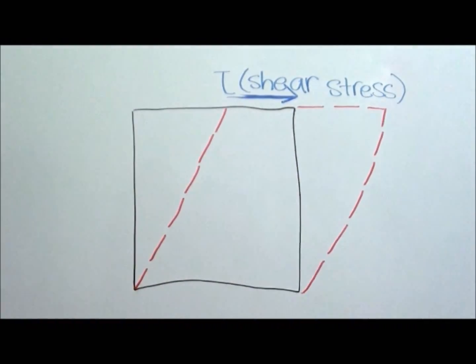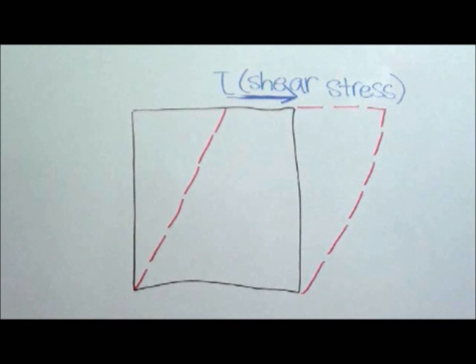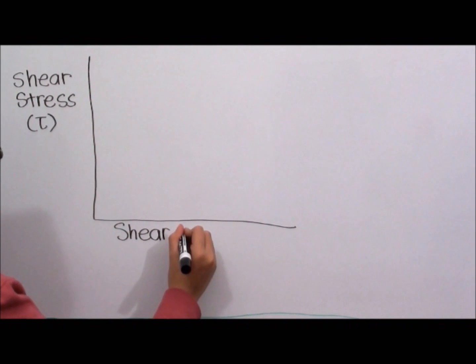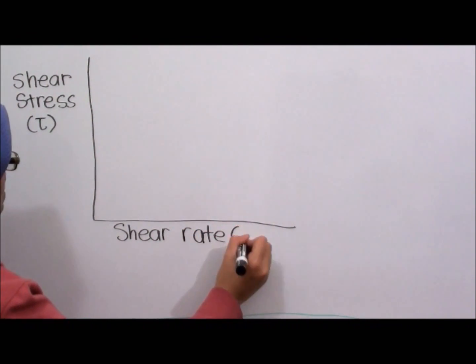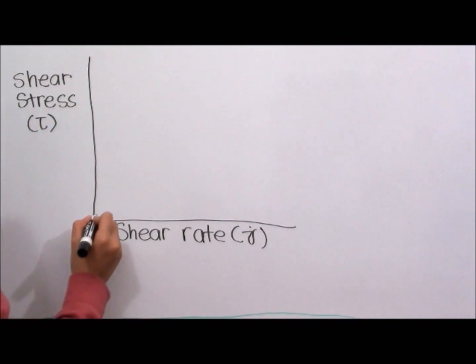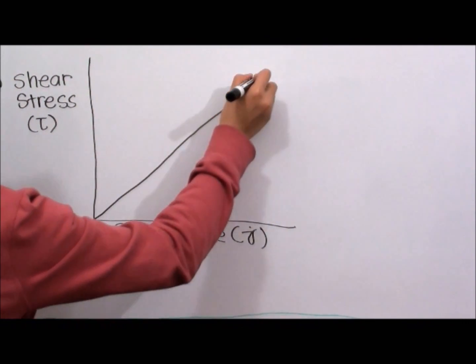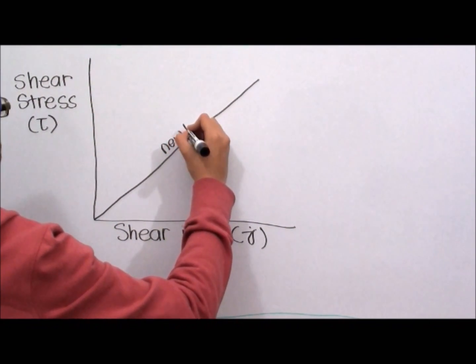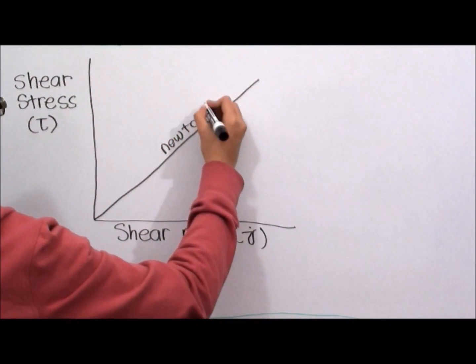Now, let's get back to our previous graph. On the x-axis is the shear rate. Shear rate is a gradient of velocity in a flowing material. For fluids that obey Newtonian behavior, the shear stress is linearly proportional to the shear rate.